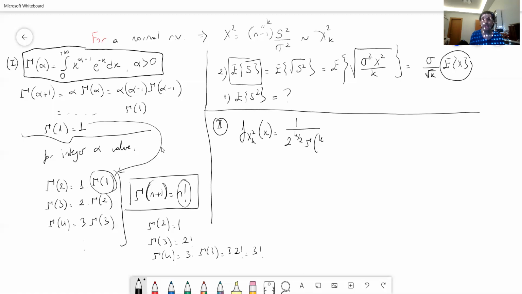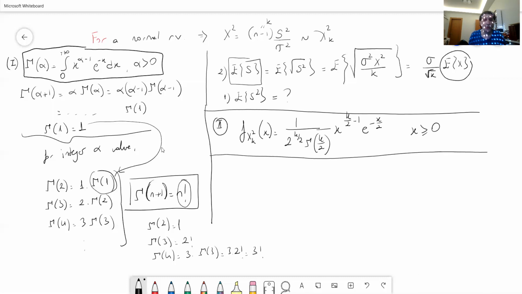Yes, this is gamma function evaluated at k over 2, times x to the power k over 2 minus 1, exponential minus x over 2. And this is again going to be valid for x greater than or equal to 0, because the chi-square random variable is a non-negative random variable.